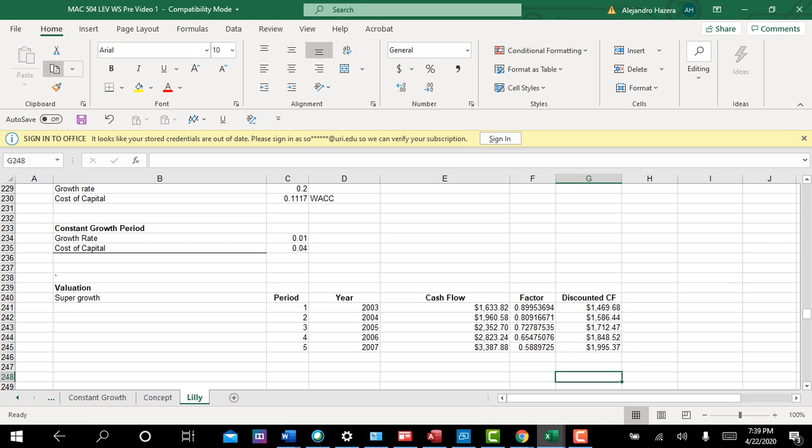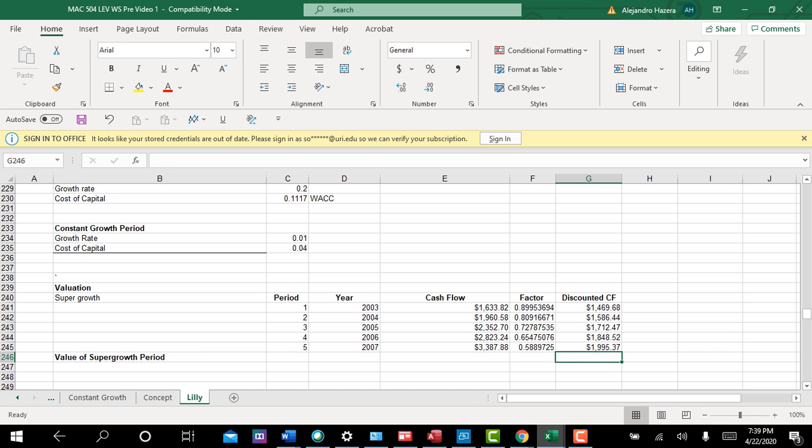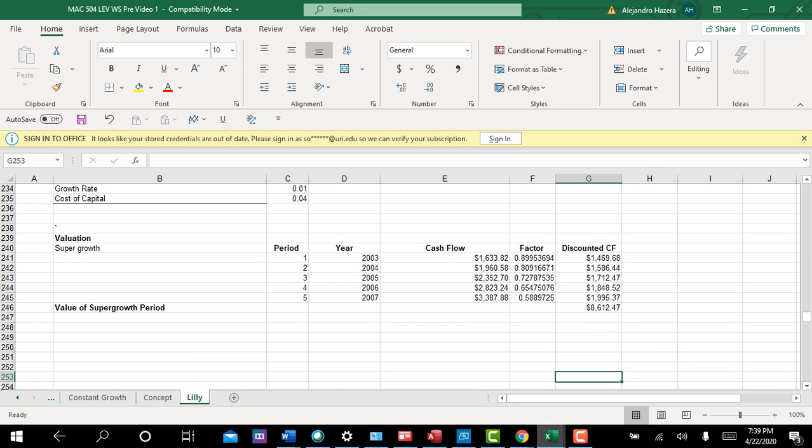The value of the super growth period is going to be the sum of these numbers right here, and you get 8 billion more or less. That looks fairly reasonable. Then we'll go down here and do our terminal period growth.